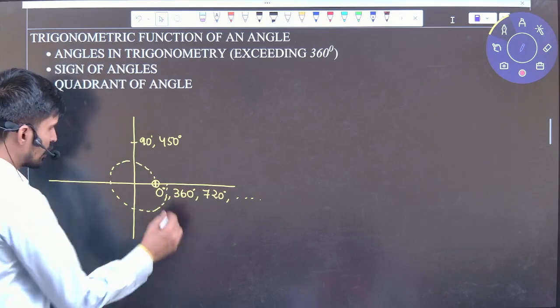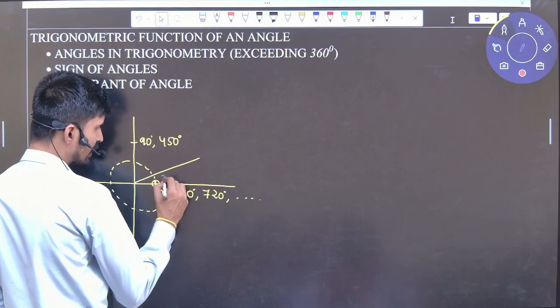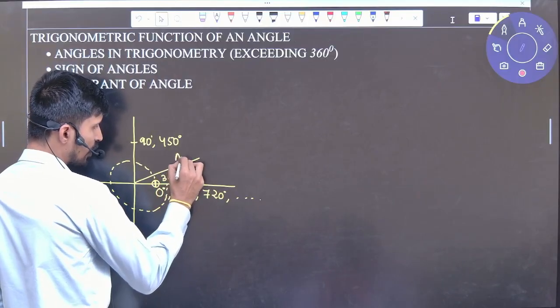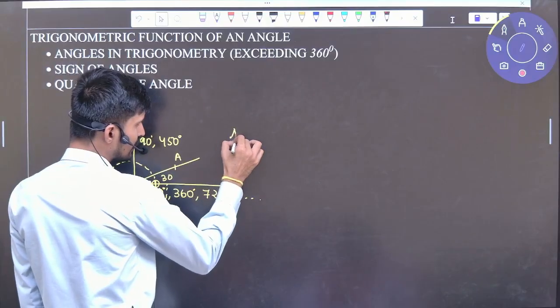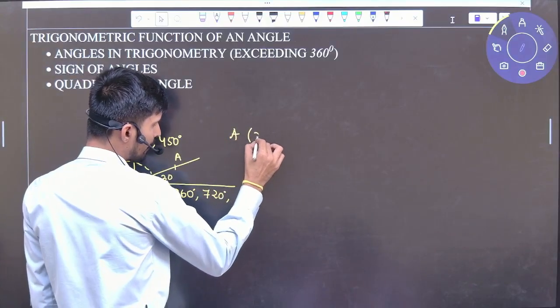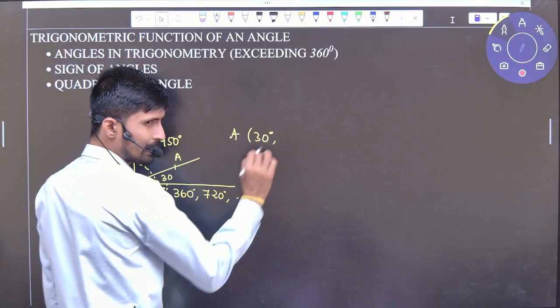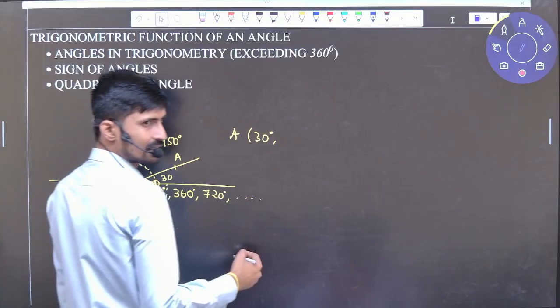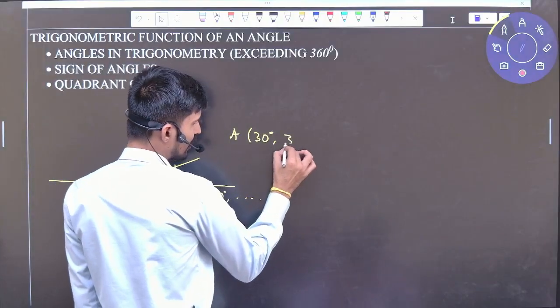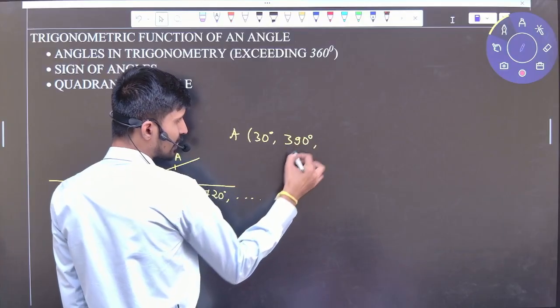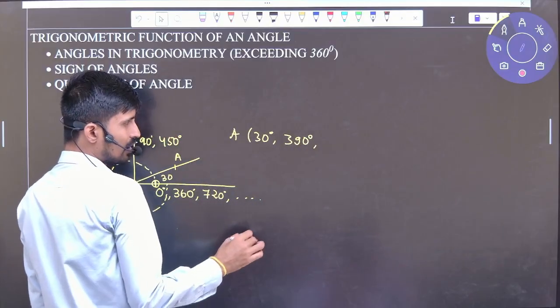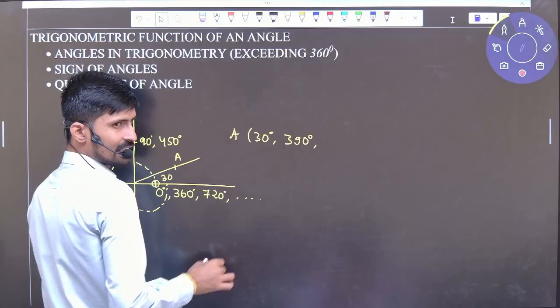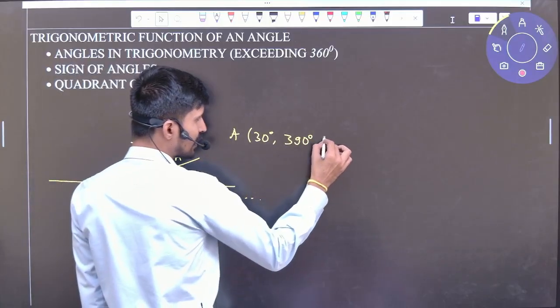Yes. So now tell me, if this angle is 30 degree, that is point A, can you tell me some other angle for the point A? Just add 360. That will become 390 degree. Again add 360 degree, 750 degree.